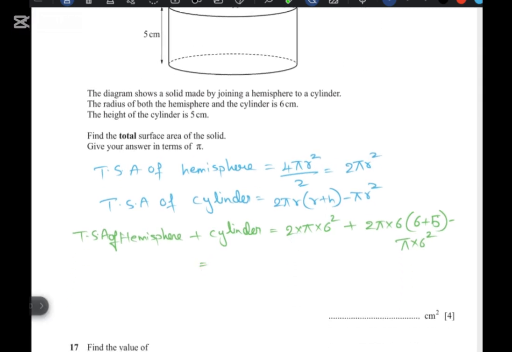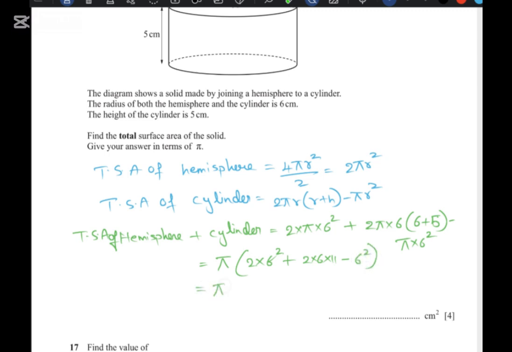This step is done. Now take pi common from both the expressions. If I take pi from here, I will be left with 2 into 6 square plus 2 into 6 into 11 minus, again pi common, so 6 square.